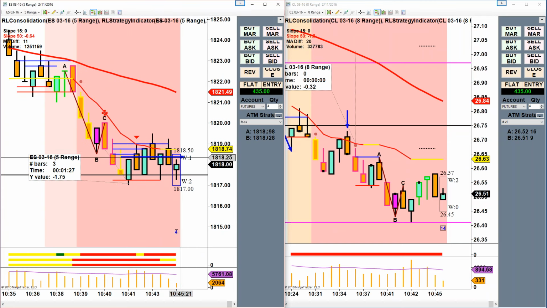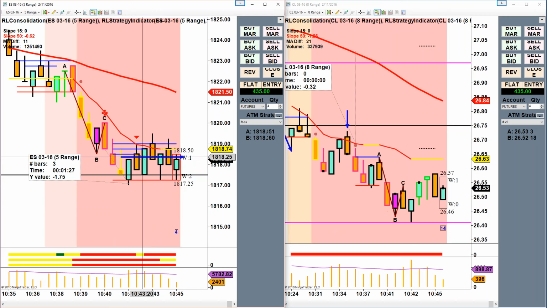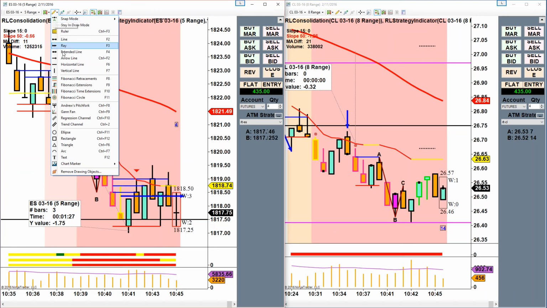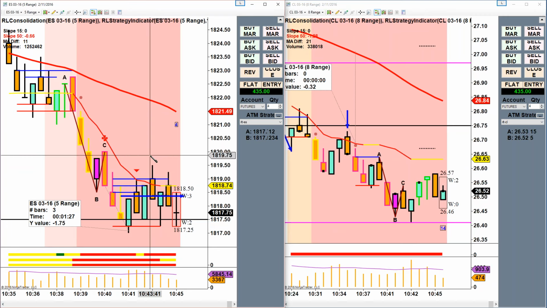Right here. Now the consolidation, you can see the consolidation indicator gives you a signal here. But what I would have waited for here, here's the up close, here's the down close, here's the up close. I would have waited for the next down close, and the next down close would have been the winner.